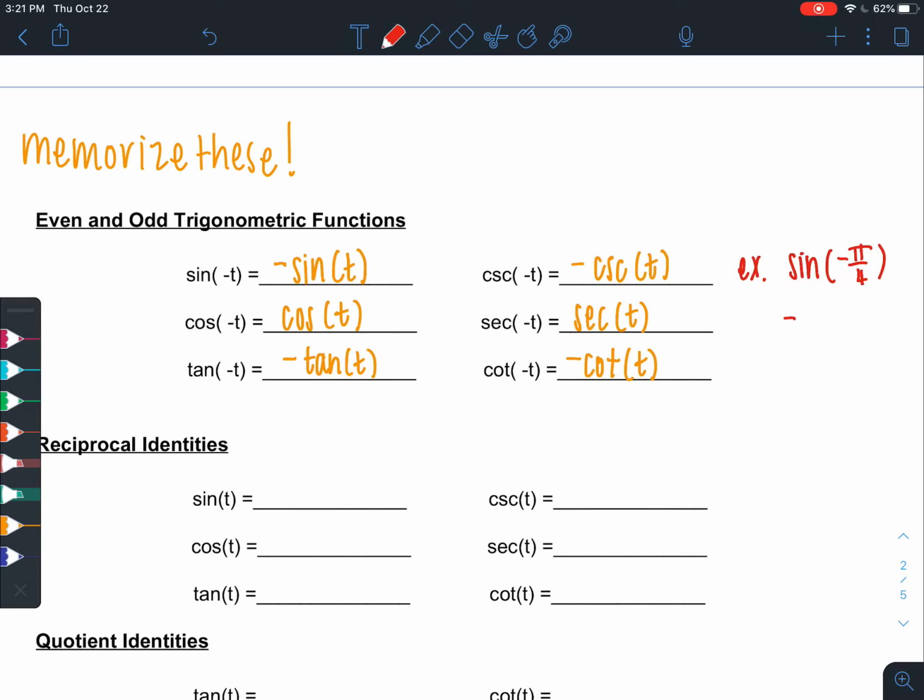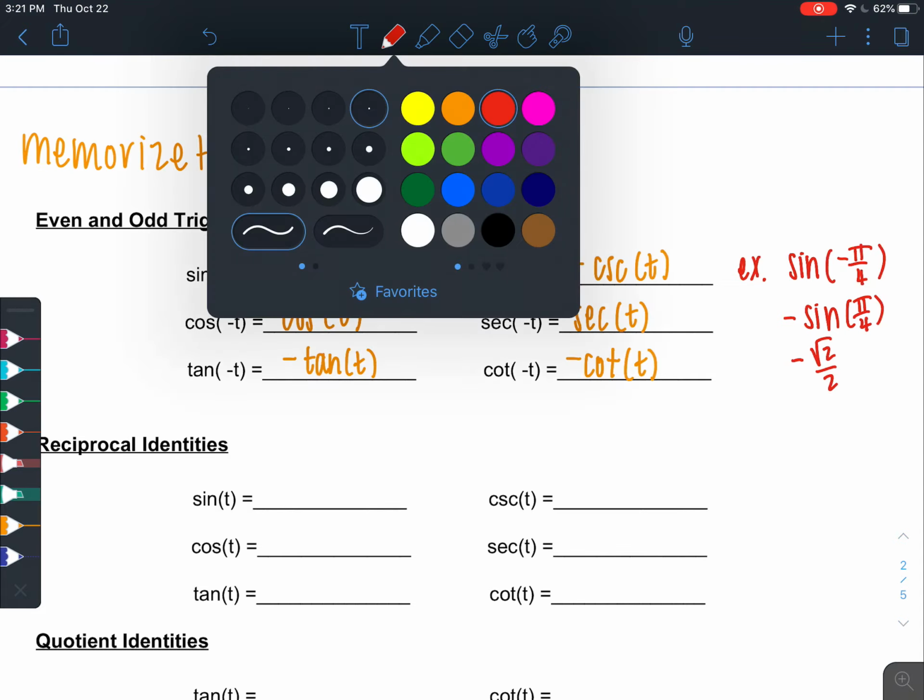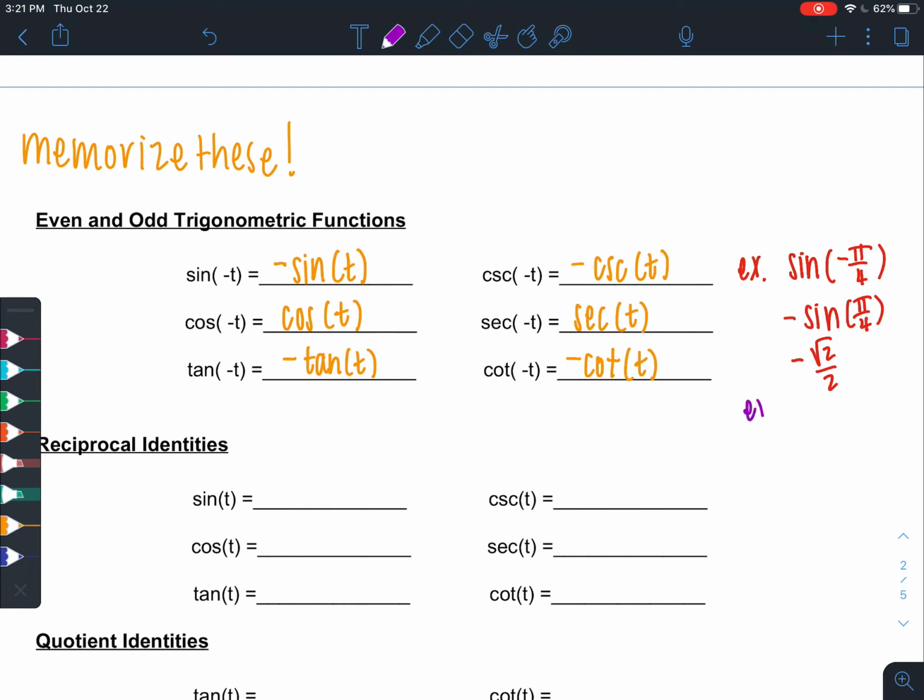So basically, I'm taking negative sine of pi over 4, which is negative radical 2 over 2. If I were to do cosine, however, of negative pi over 4, cosine of pi over 4 is radical 2 over 2, and cosine of negative pi over 4 is also radical 2 over 2. So it's just positive. So that's what that means when we're talking about those values.